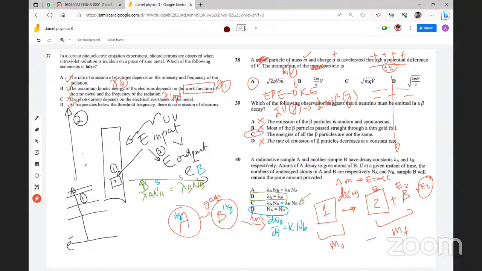Then number 2, they use it for... ionize, then it shoots out.